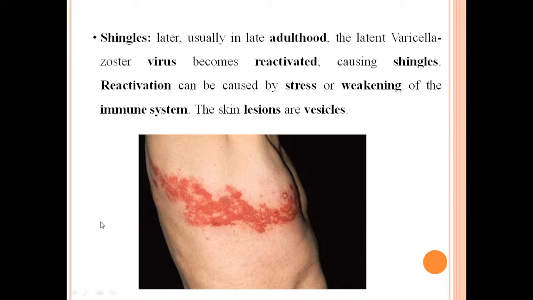And I have said that we can see these vesicles, and these vesicles occur in groups that resemble a belt. It is very painful. The patient finds it impossible to move or to turn the body. It's a very painful state.